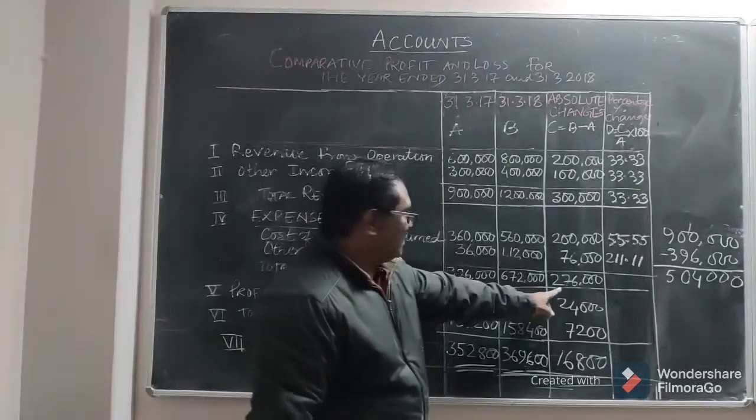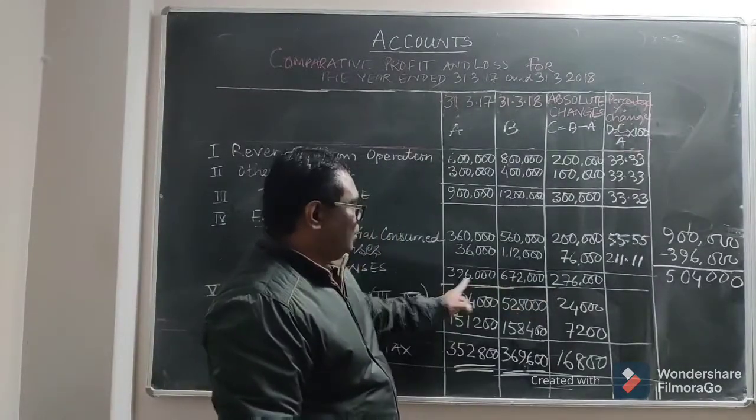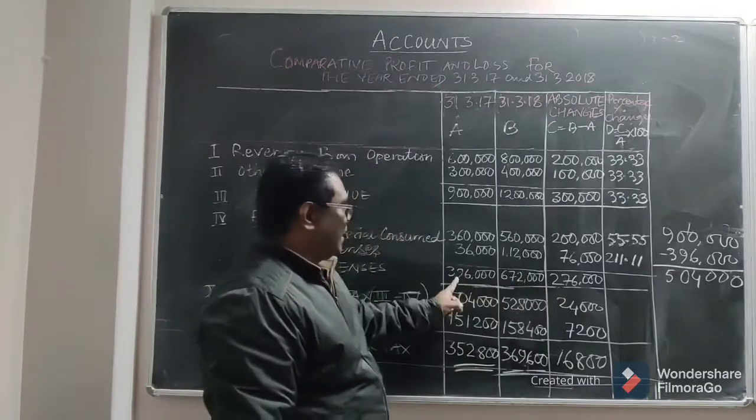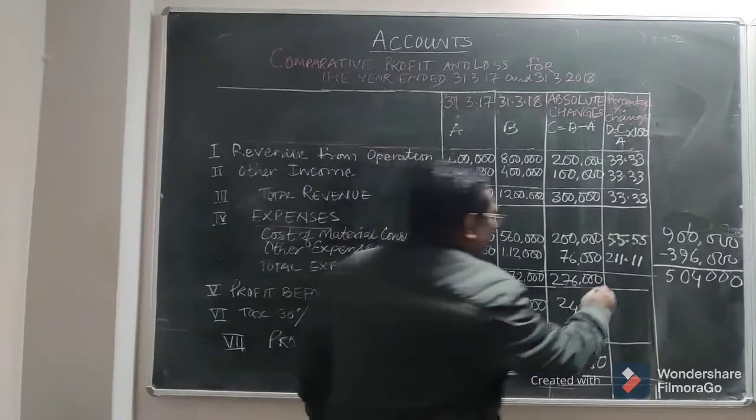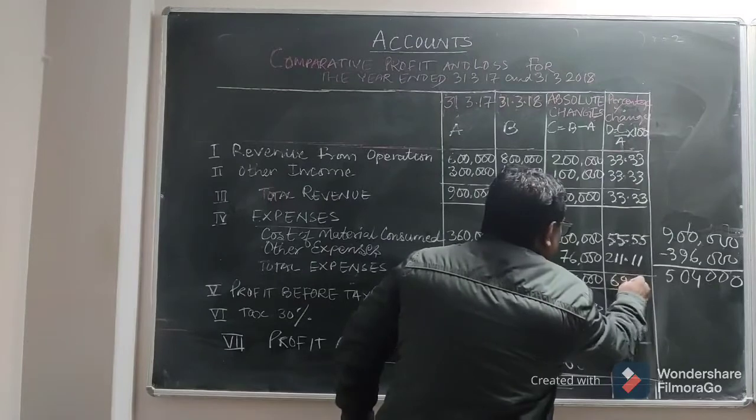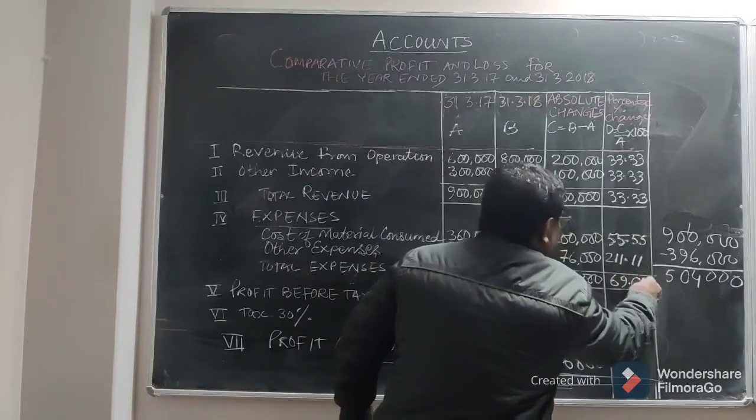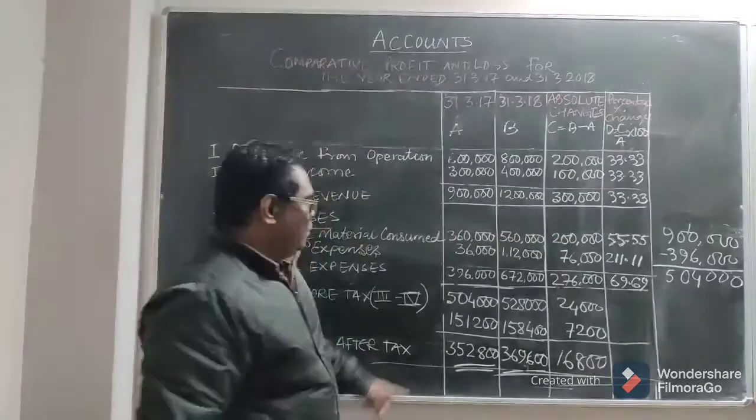After that, 2,76,000 divided by 3,96,000 into 100 gives 69.69 percent.